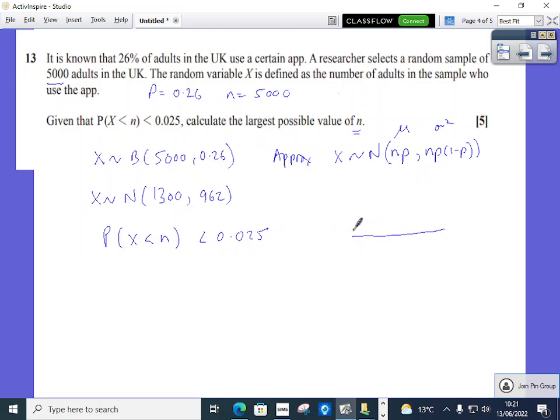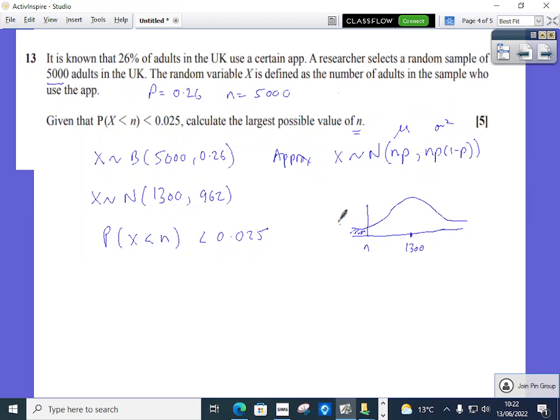This time we're probably not going to take 1 off it, because we're looking for the probabilities. First of all, we know the mean lies here. When it tells you less than this value, we know we're looking at something smaller than this number. So it's giving you hints. You can work these hints out. We're looking for something smaller than the mean, so this is the value of what N is going to be.